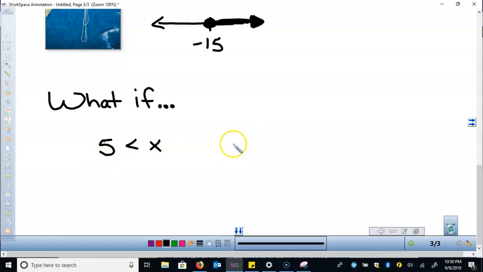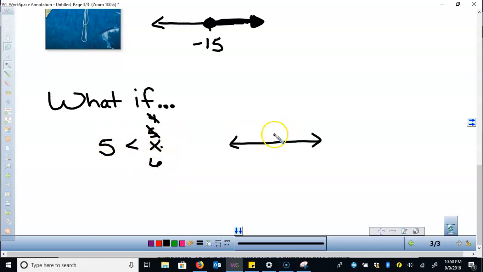Well, remember when we're graphing, we're representing the variable, all its possibilities. So let's think of some numbers. Can it be equal to 5? No. All right. What about 4? Is 5 less than 4? And the answer is no. Okay, let's go the other direction. What about 6? 5 is less than 6. So yes, it can be equal to 6.